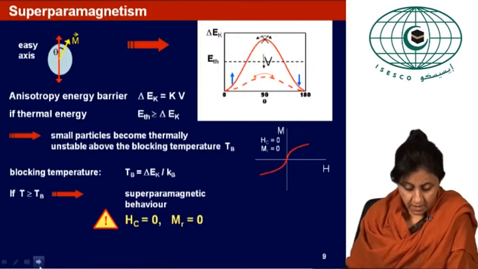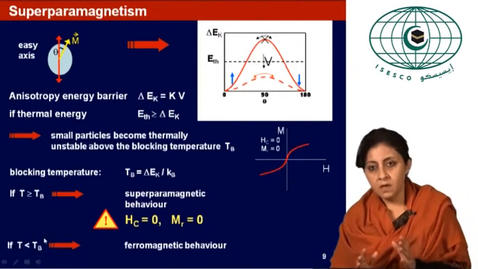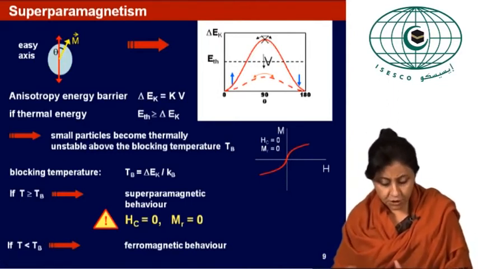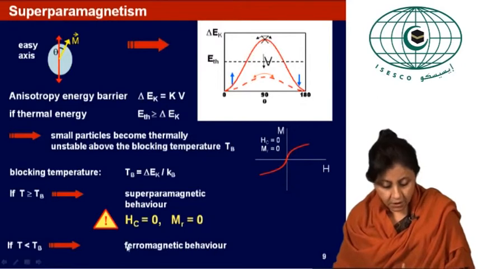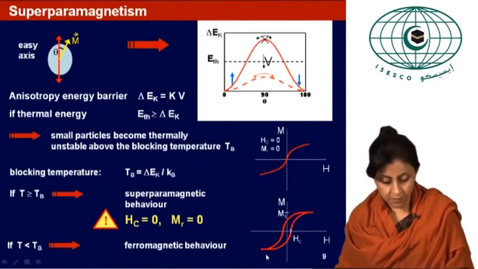However, if we are below the blocking temperature, so for the same material, it's just a size effect, then you have ferromagnetic behavior and you find a magnetization hysteresis loop.